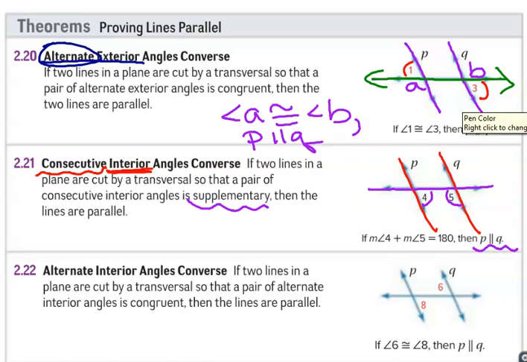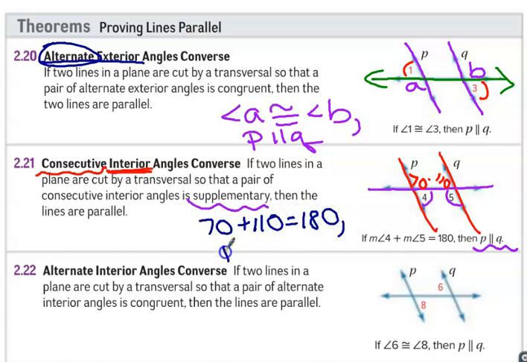Let's say I have 70 degrees here and 110 there. Does that add up to 180? Yes. So P is parallel to Q because they are consecutive interior angles, also known as same side interior, on the same side of the transversal.